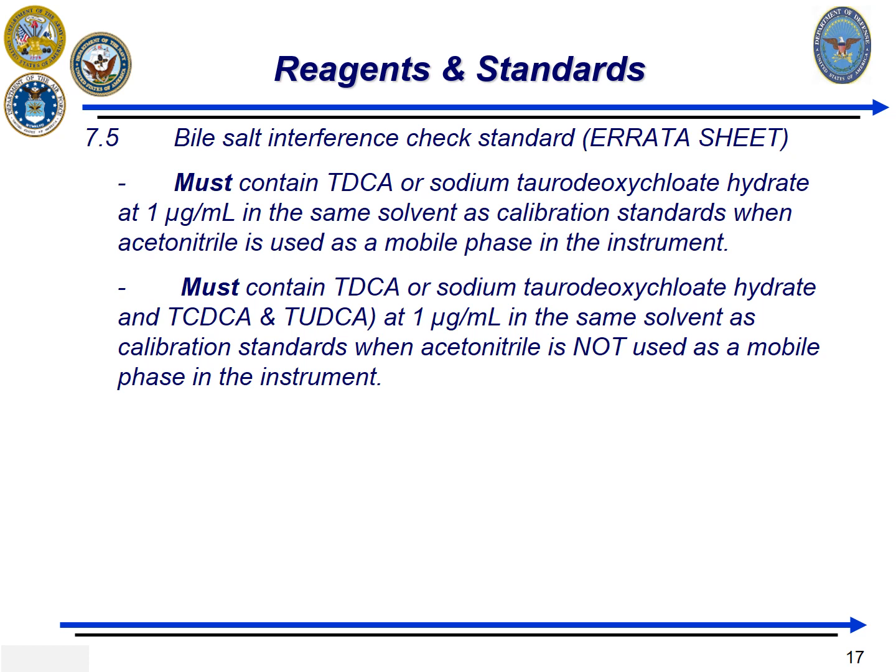However, if you do not use acetonitrile and you have a different mobile phase, then that standard has to not only contain TDCA, but it has to contain TCDCA and TUDCA as well at 1 microgram per milliliter.